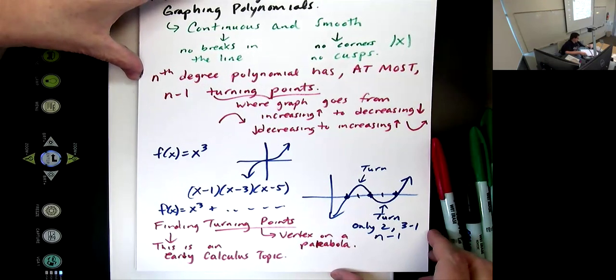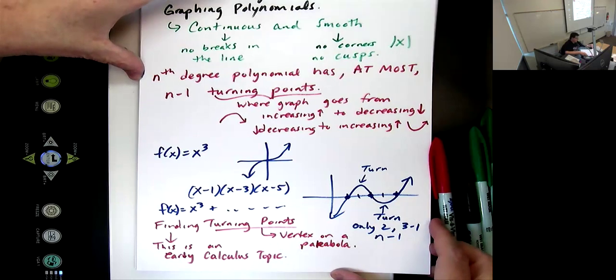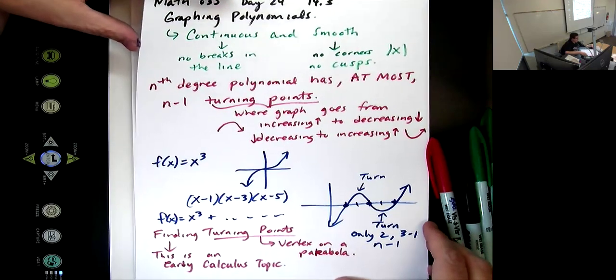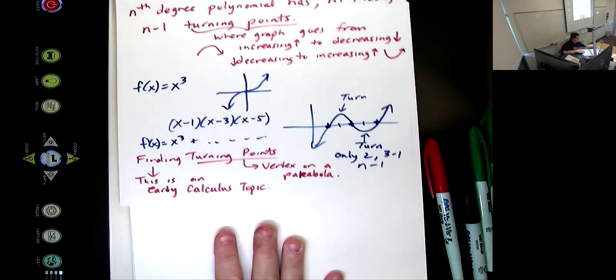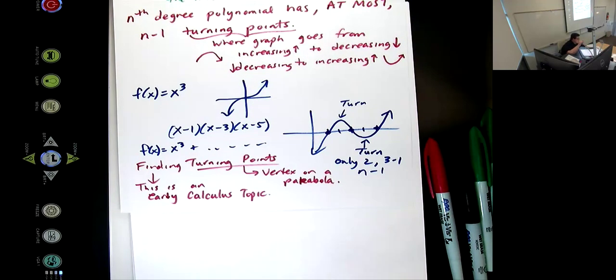Okay, so the things we want to plot when we're graphing these. Is everyone done with that? Maybe he's still writing. Everybody's still writing. Slow down, Jonas. This section is not too bad. It's pretty straightforward.